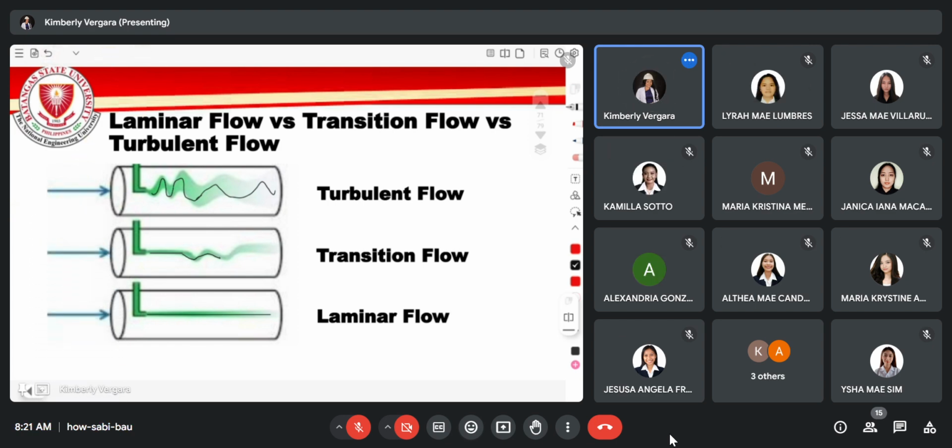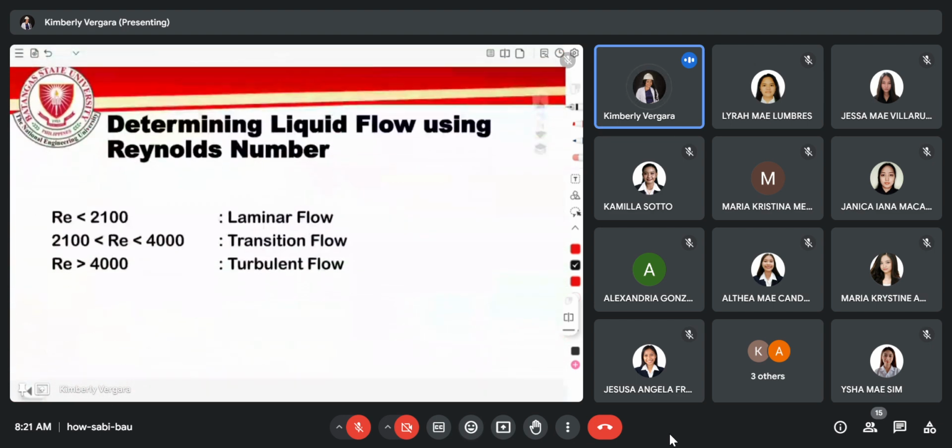Next. So, in determining liquid flow using Reynolds number, kapag ang nakuha po natin is less than or equal to 2,100, so we have the laminar flow. Kapag kay transition flow naman po, 2,100 to 4,000.